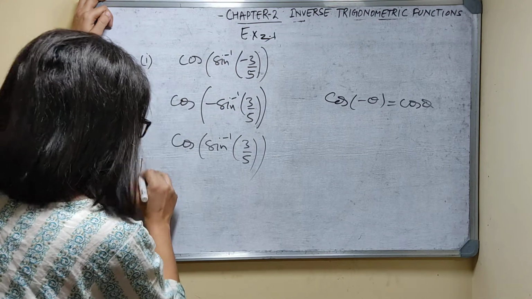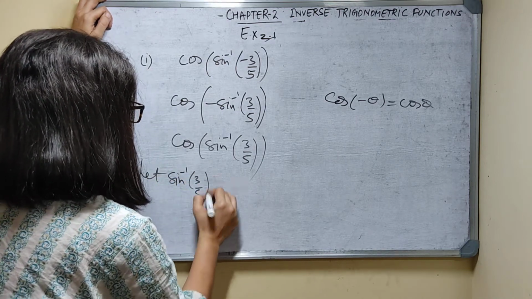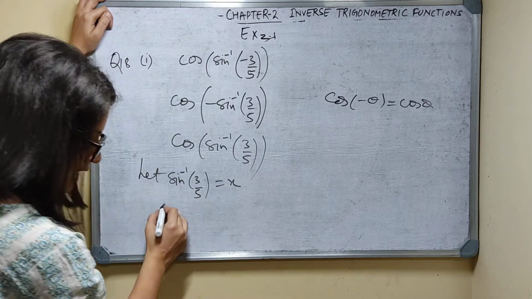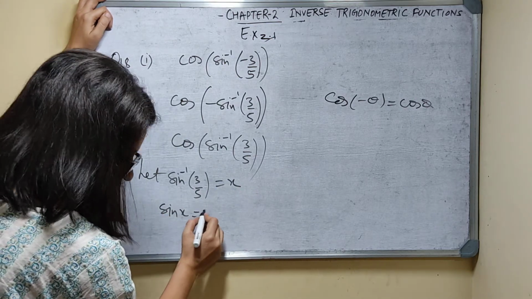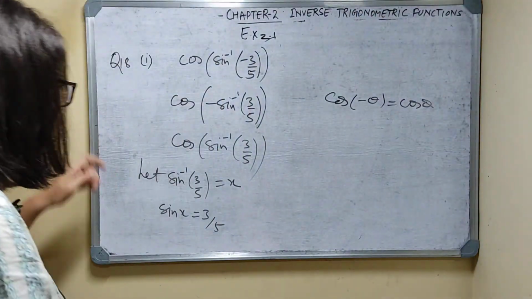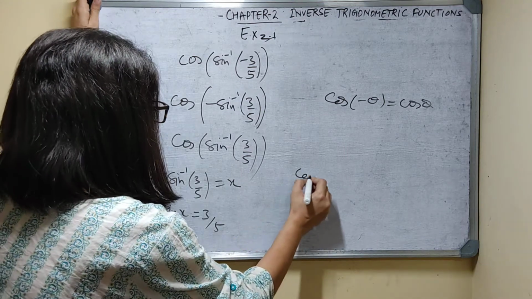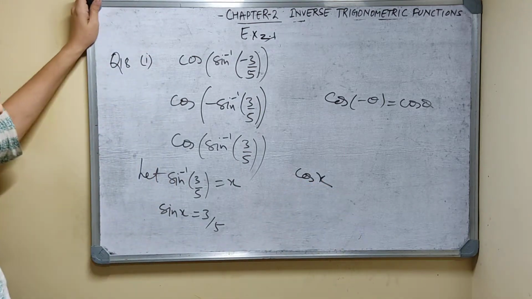So let sine inverse 3 by 5 be equal to x. So sin x is equal to 3 by 5. So cos x will be what?